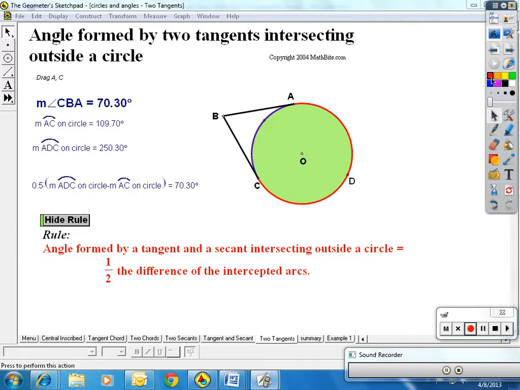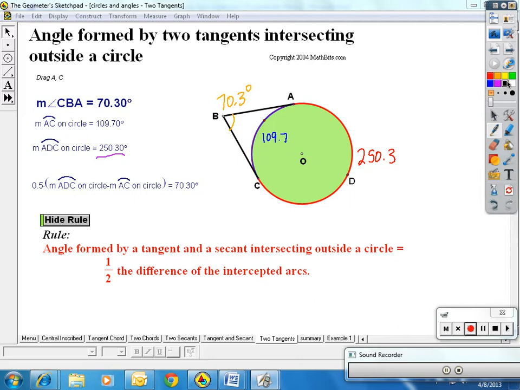So, this arc measure, according to Geometry Sketchpad, is 250.3. The smaller arc is 109.7. And my angle measure is 70.3.